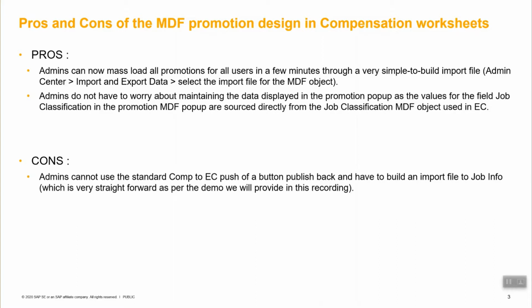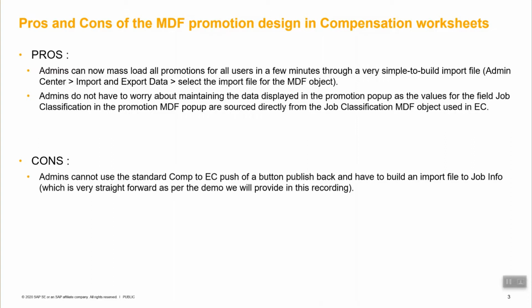The second pro is that admins do not have to worry about the values that will show on the MDF promotion pop-up, because the MDF was built in a way that it reads directly in the field new job classification, or job classification to promote the employee to.